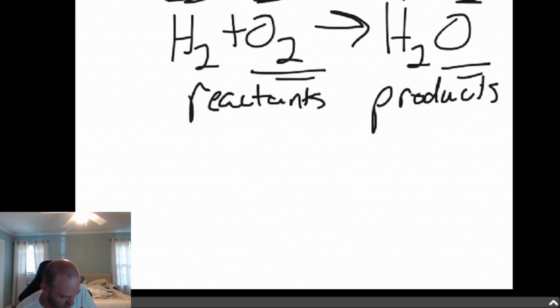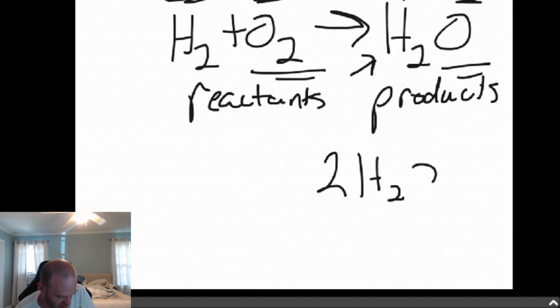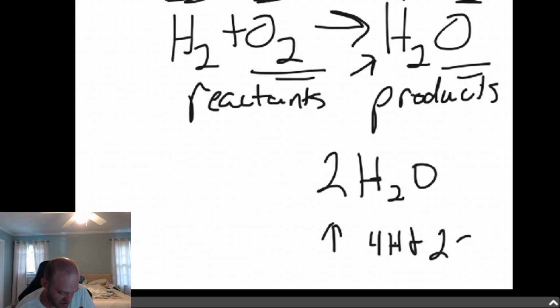So instead of splitting it apart, let's double this side here. I'll just say 2H2O. Now if I put a number in the front, that means I'm multiplying everything in here by 2. So 2H2O actually means 4 hydrogens and 2 oxygens.